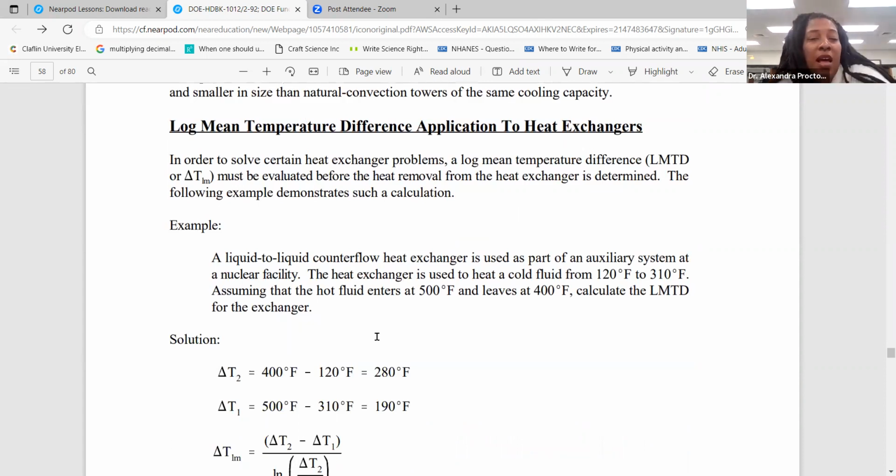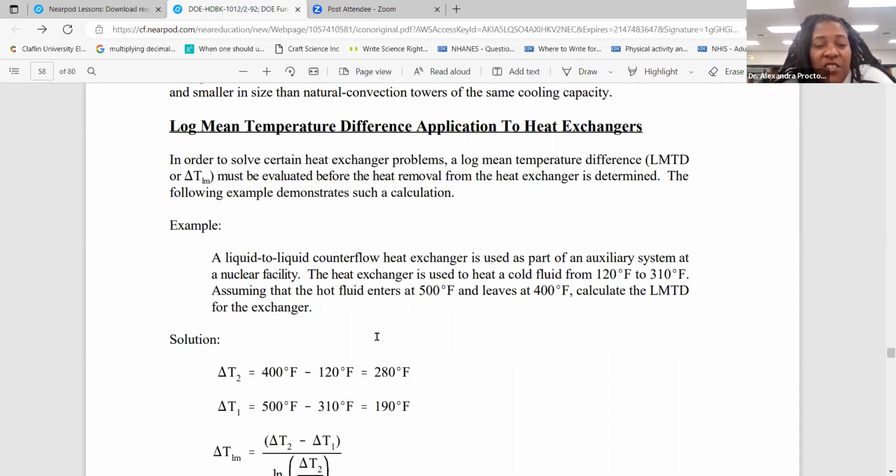So in order to solve certain heat exchanger problems, a log mean temperature difference, LMTD, or delta T sub LM, must be evaluated before heat removal from the heat exchanger is determined. And the following example shows this calculation. So the example is a liquid to liquid counterflow heat exchanger used as part of an auxiliary system at a nuclear facility.